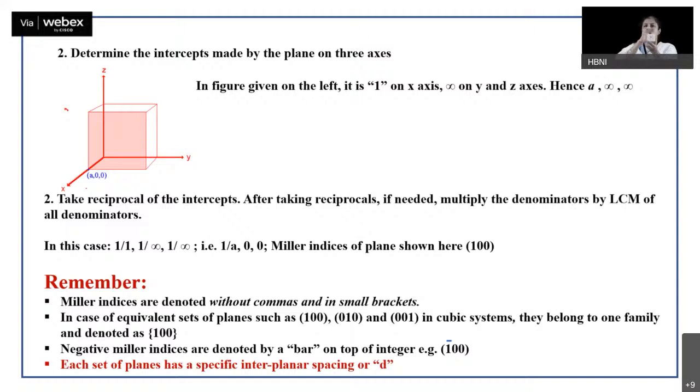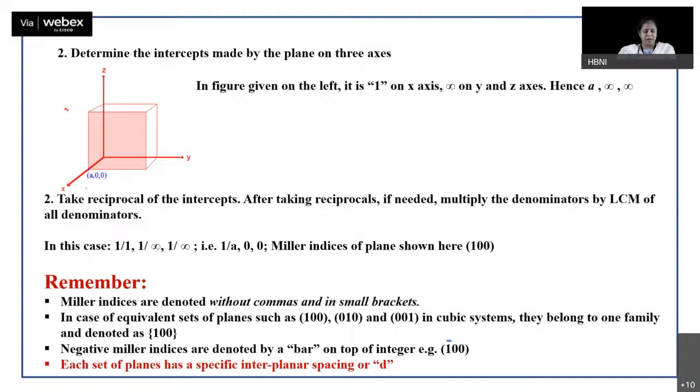All of them belong to a family of planes. They are equivalent planes and we denote them by a curly bracket and we just write any one of them. Let's say we write 1 0 0. We could have written 0 1 0. But the point that I want to make is that they belong to one family and they can be denoted by a single Miller index encapsulated by curly brackets.